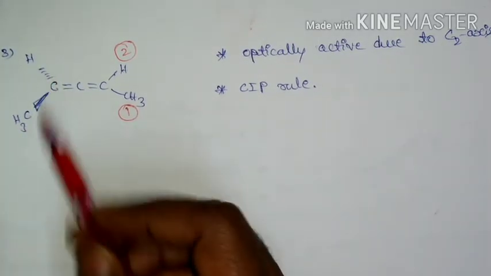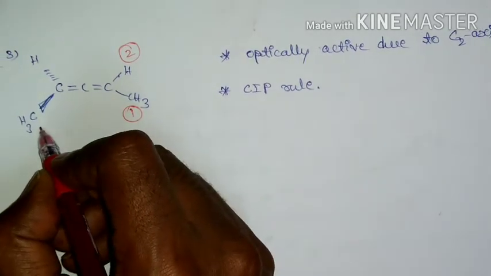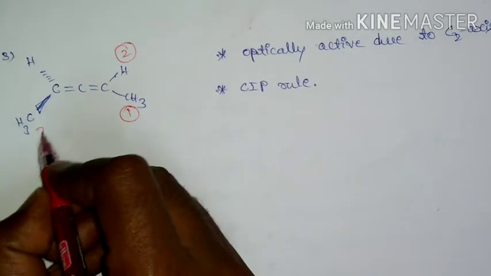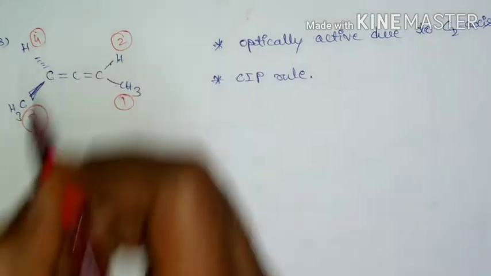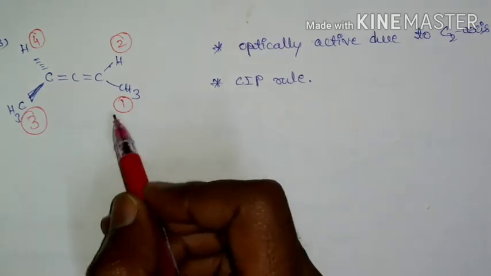Then here we need to give the priority similar to what we have assigned for this one. Carbon is going to take third priority and hydrogen will take fourth priority. This is similar to the CIP rule we apply for the dashed-wedge formula.